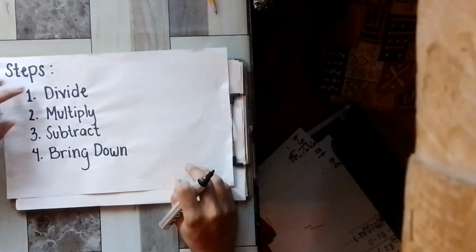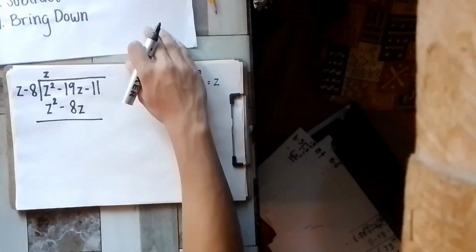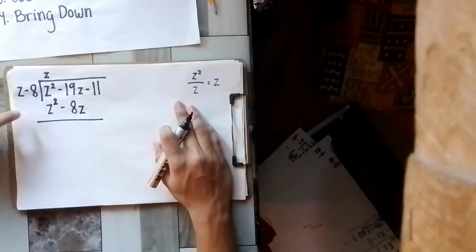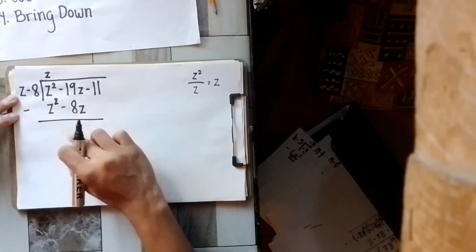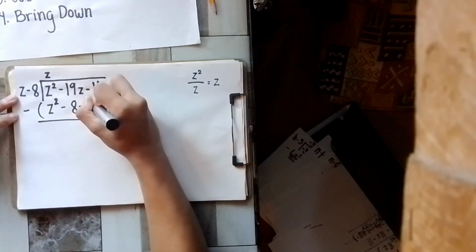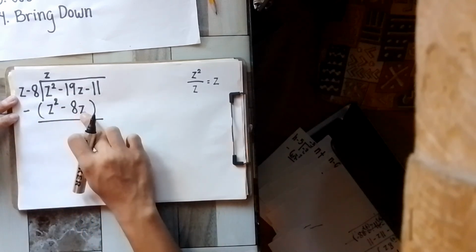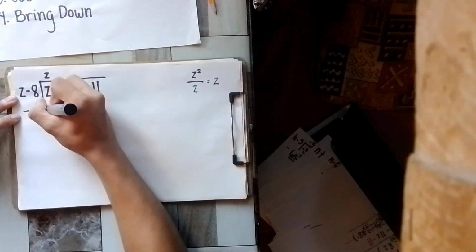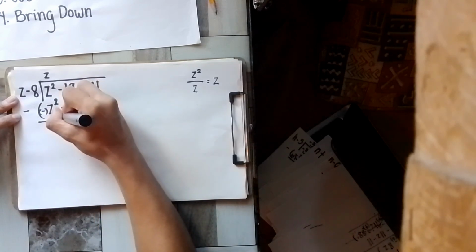Now, the third step is we're going to subtract. Meaning, we're going to subtract our answer from our dividend. But always remember that the rule of subtraction in dividing is there will always be a minus sign beside your answer. Therefore, negative times z squared and negative times negative 8z is negative z squared and positive 8z.